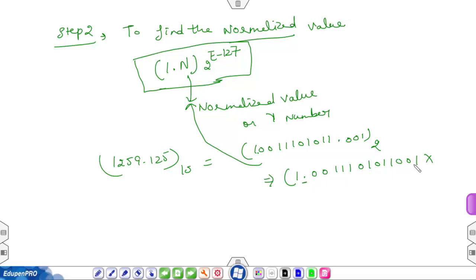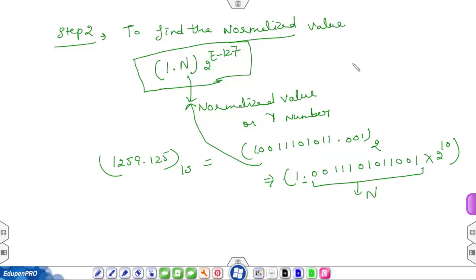The positions are 1, 2, 3, 4, 5, 6, 7, 8, 9, 10. So here it is 2 raised to power 10. You can see that we have got the value according to this format 1.n. Here n is the normalized value.